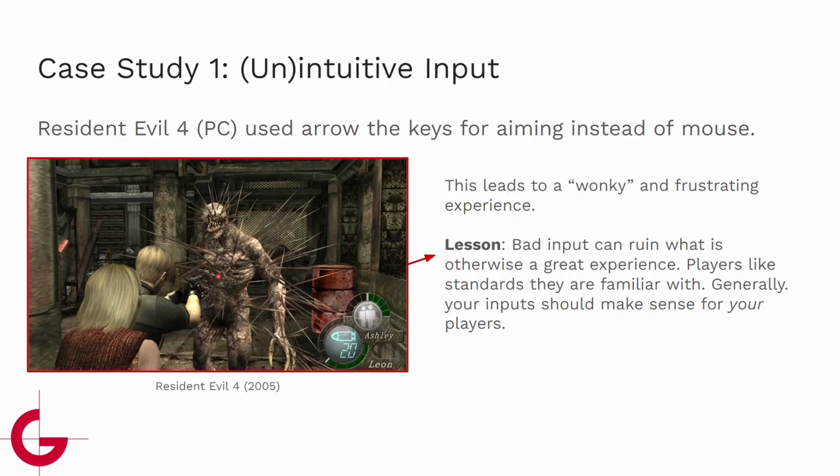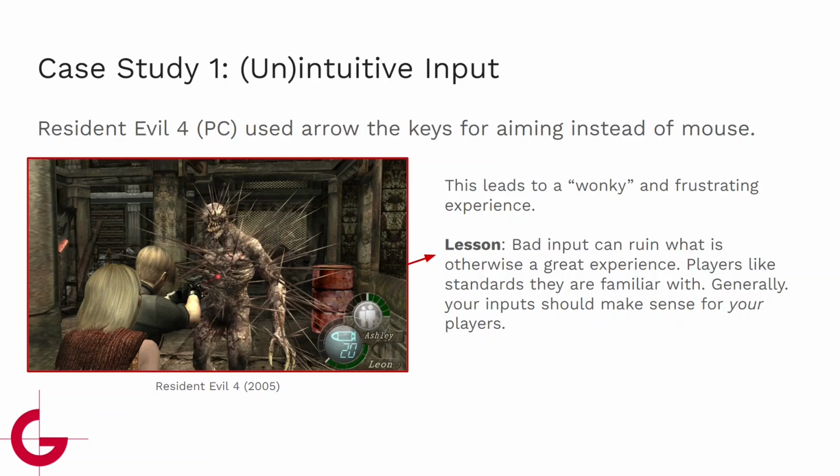So Resident Evil 4 on the PC actually used the arrow keys for aiming instead of the mouse. Now granted, if you play the Resident Evil 4 Steam version right now, this problem I think is fixed, but the original PC release used this input system. And the general consensus was that people did not like this at all.